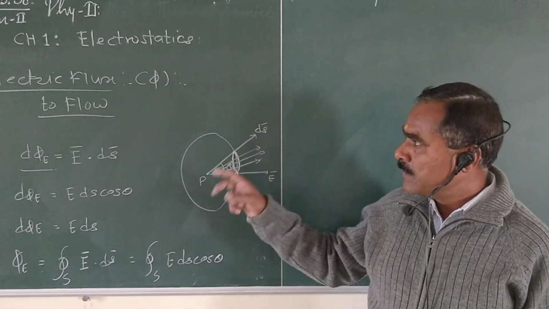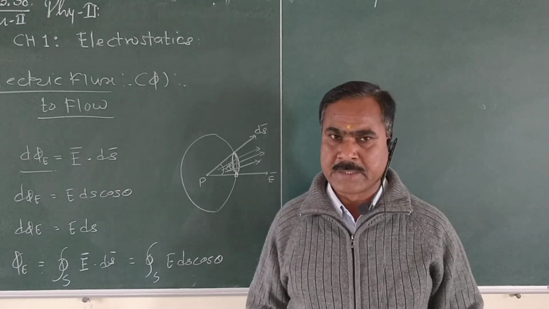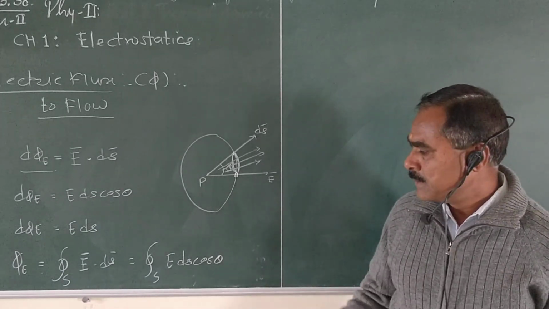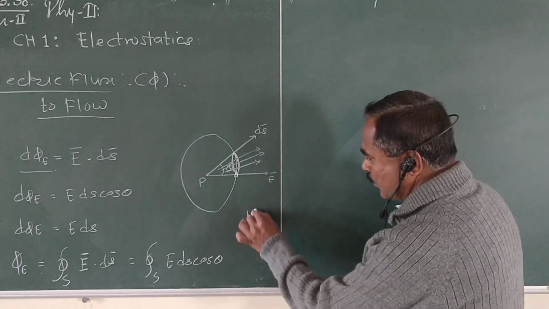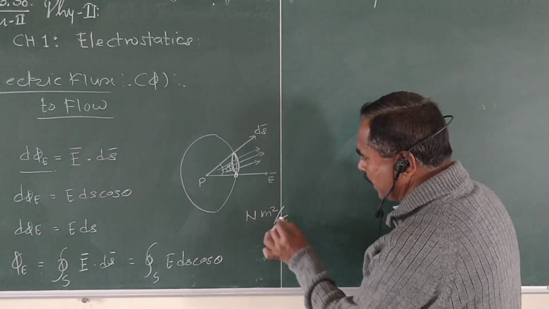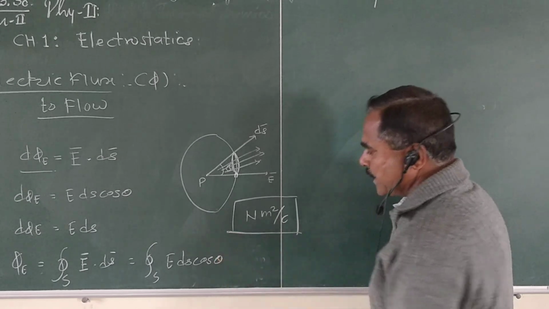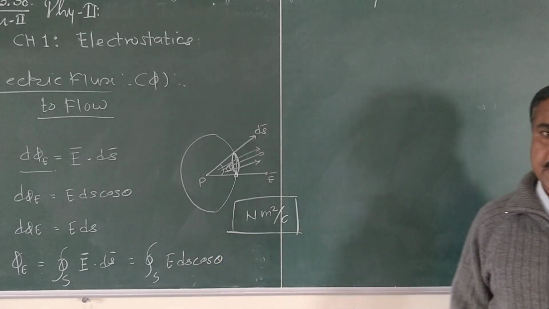This is the definition of electric flux. This electric flux is measured in the unit newton meter square per coulomb. This is the SI unit of electric flux.